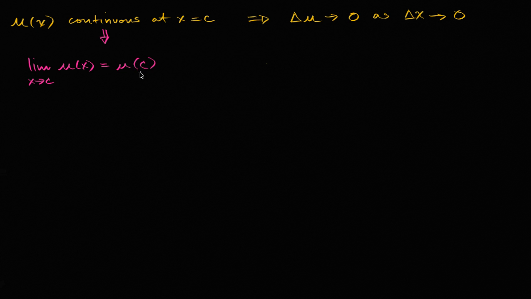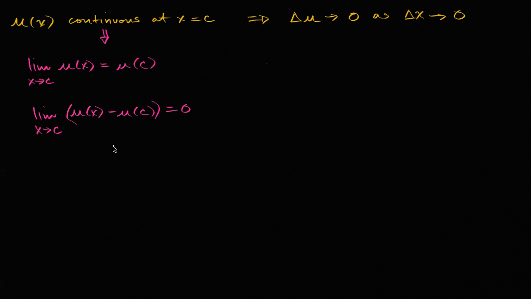It could be 5 or 7 or pi or -1. But it's just going to be some value, some constant. So I can treat it like a constant. So this is going to be the same thing as saying the limit as x approaches c of u of x minus u of c is equal to 0.